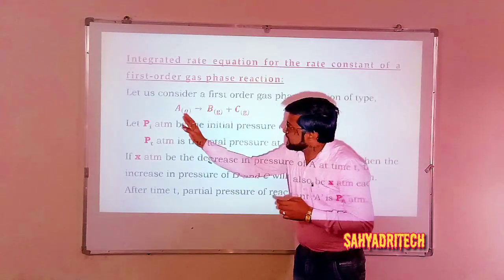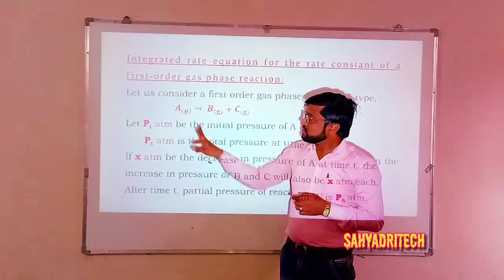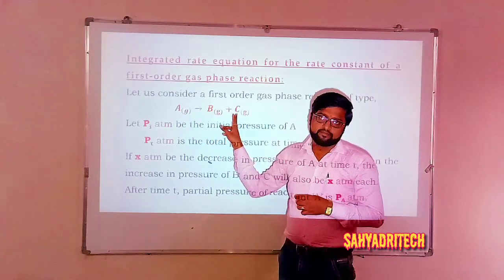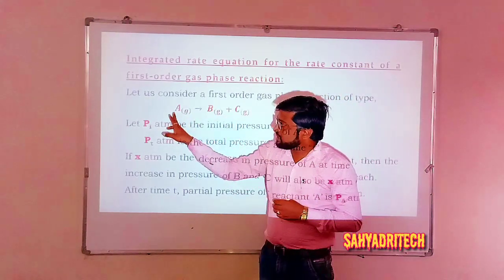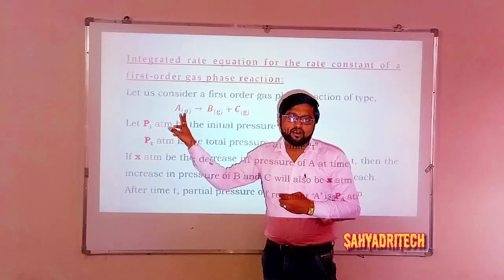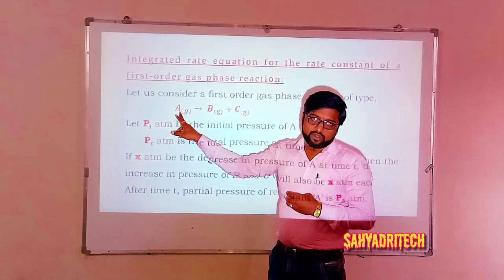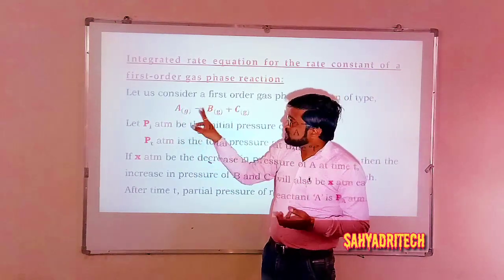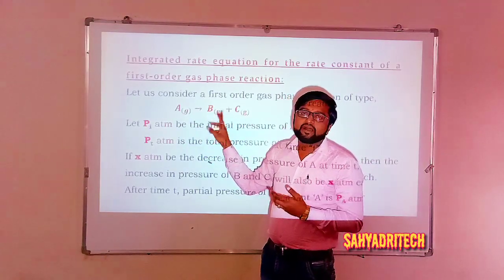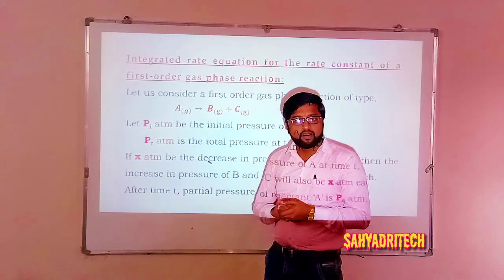Now the thing is, when you look at the stoichiometry of the equation, it is 1 is to 1 is to 1. It indicates that if one mole of A gets consumed, at the same time 1 mole of B will be formed and 1 mole of C will be formed.